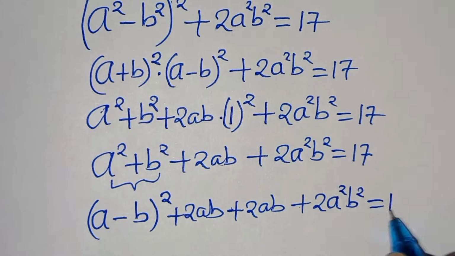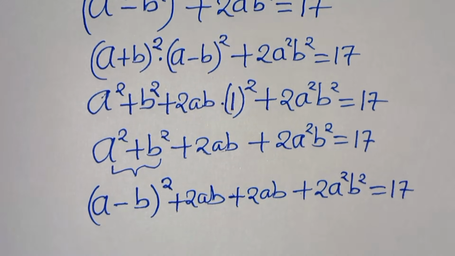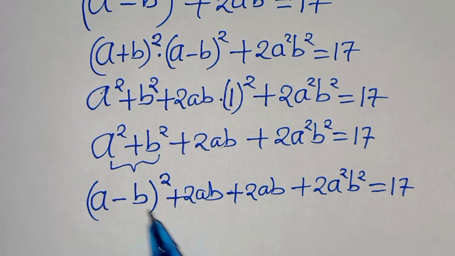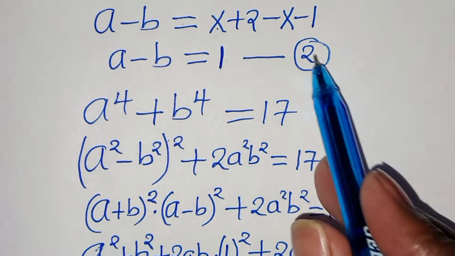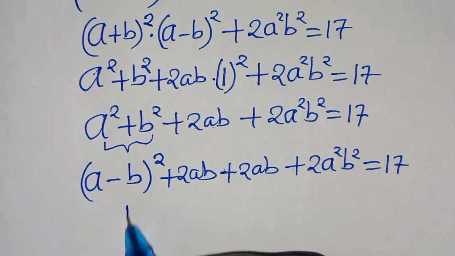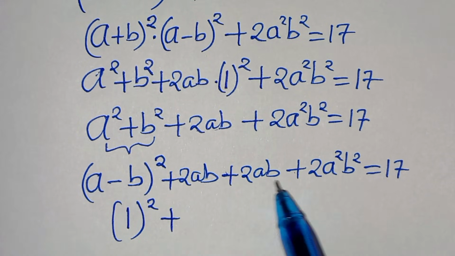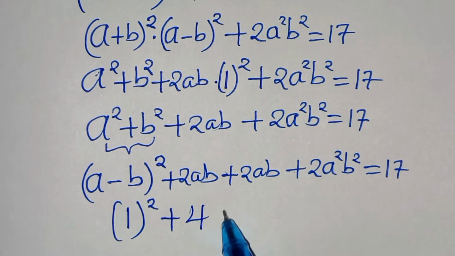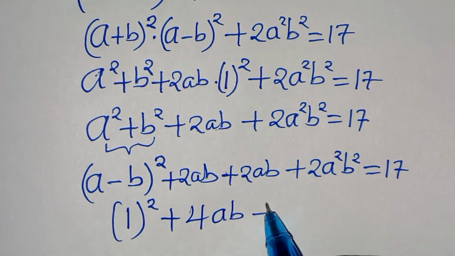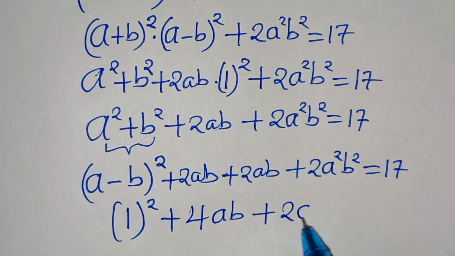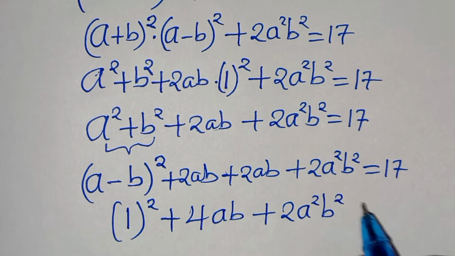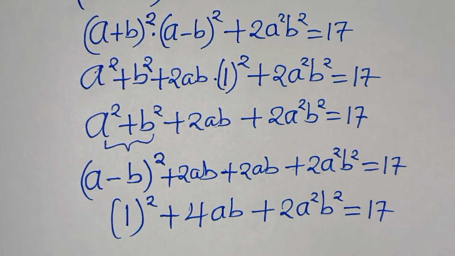This is equal to 17. Now, a minus b again, this is what we have in equation 2, which is 1. So let's substitute 1 here. So this is 1 squared plus 2ab plus 2ab. This is 4ab. Then plus 2a squared b squared. This is equal to 17.